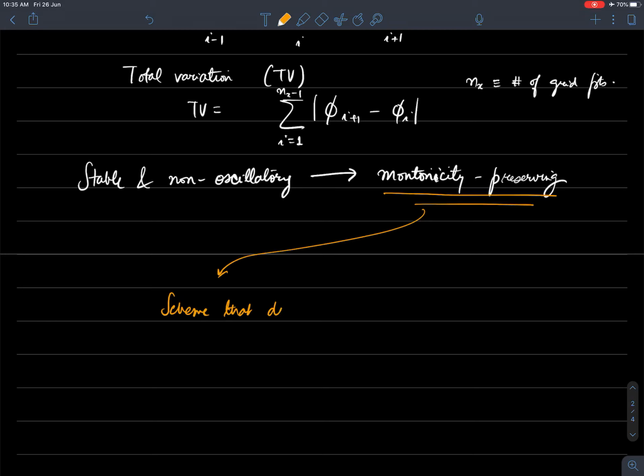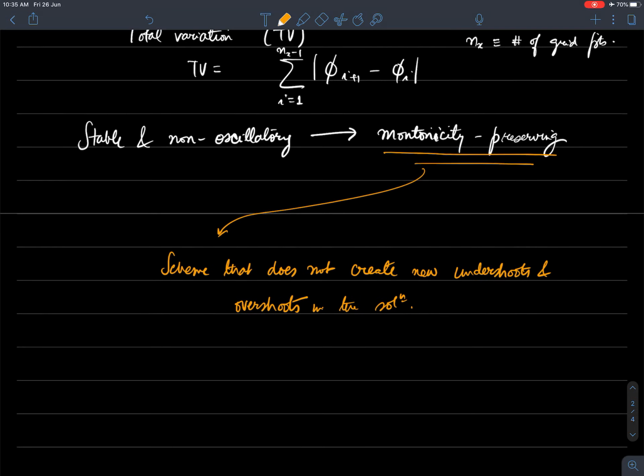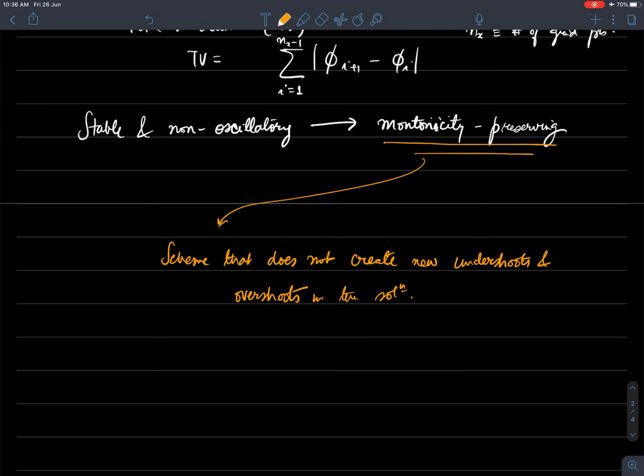Okay, so a monotonicity preserving scheme is one scheme that does not create new undershoots and overshoots in the solution. Essentially the scheme should not be creating new local maxima or minima.